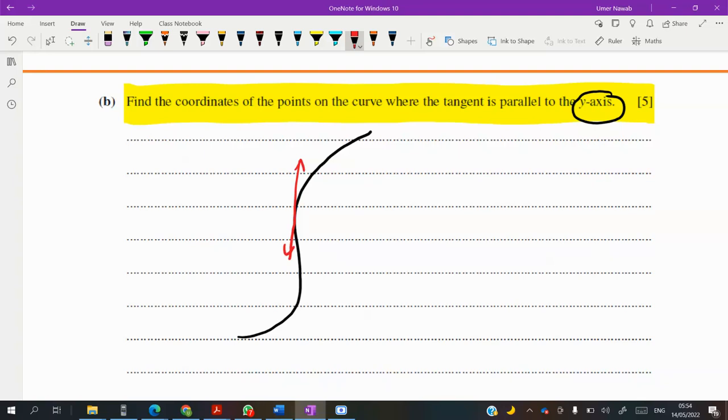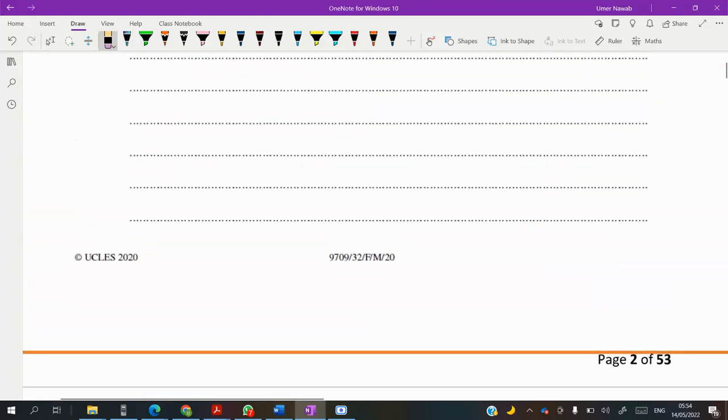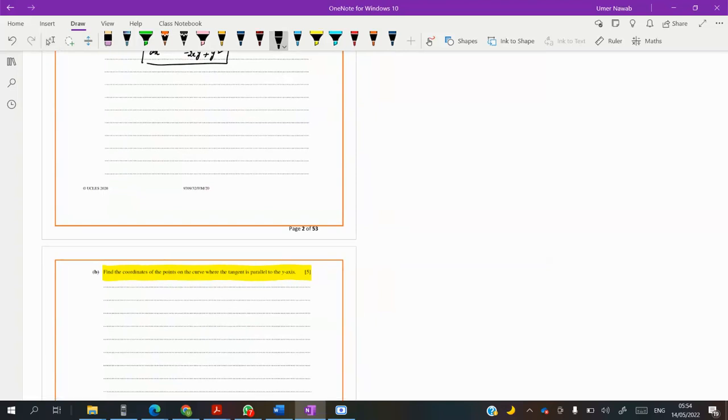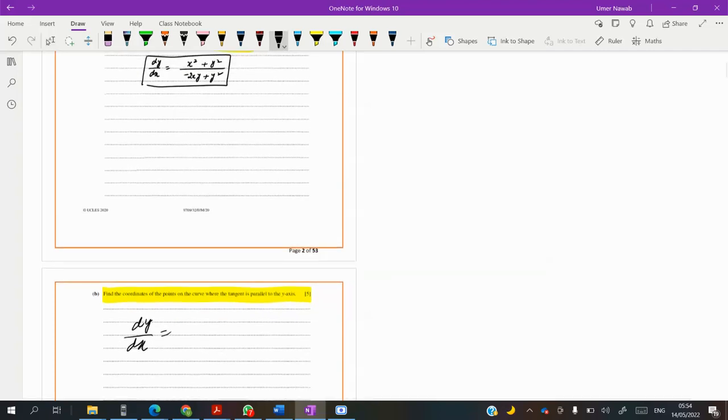When the tangent is parallel to the y-axis, what happens to the gradient? Any line parallel to the y-axis has an infinite gradient. So the denominator of the fraction has to be equal to 0. Let me check the gradient I found for the tangent: our dy by dx came to x squared plus y squared over minus 2xy plus y squared.